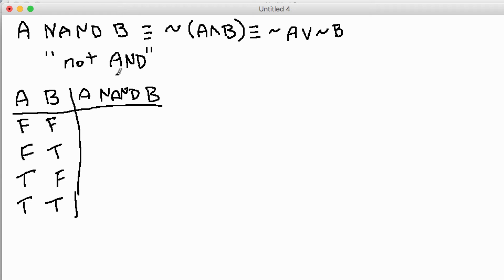So if we're going to say not and, we have to flip all of that, and this is false, and that would be true, and that would be true, and that would be true.